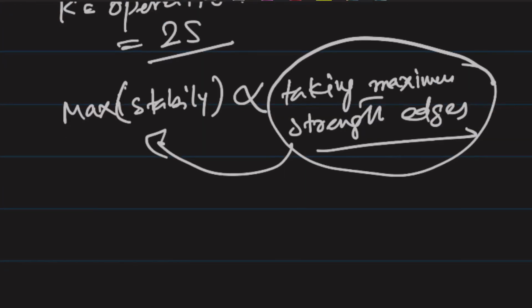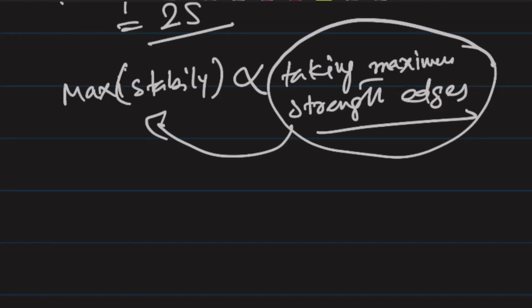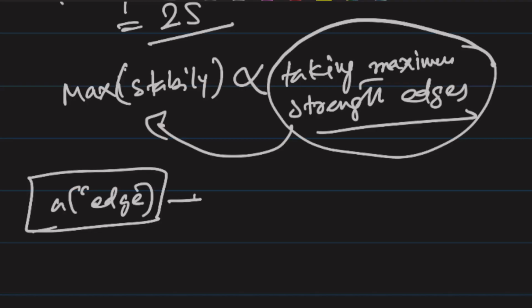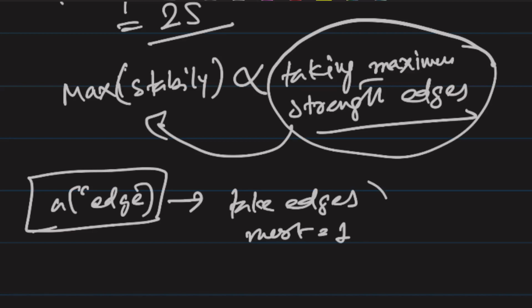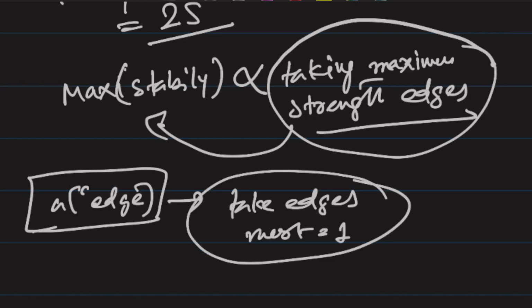So what we can do here is, given the edges array, initially just take the edges where must is equal to 1, because anyway we have to take them. This is compulsory.